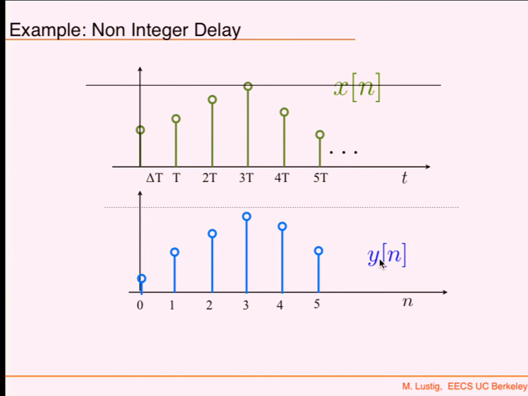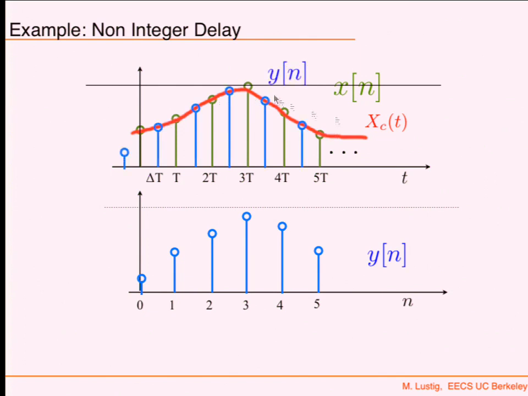And how you get there is that you reconstruct the continuous time signal, then evaluate it on a delayed grid. But then that will be index 0 of y[n]. And then that shows up here. Okay? Does this make sense?